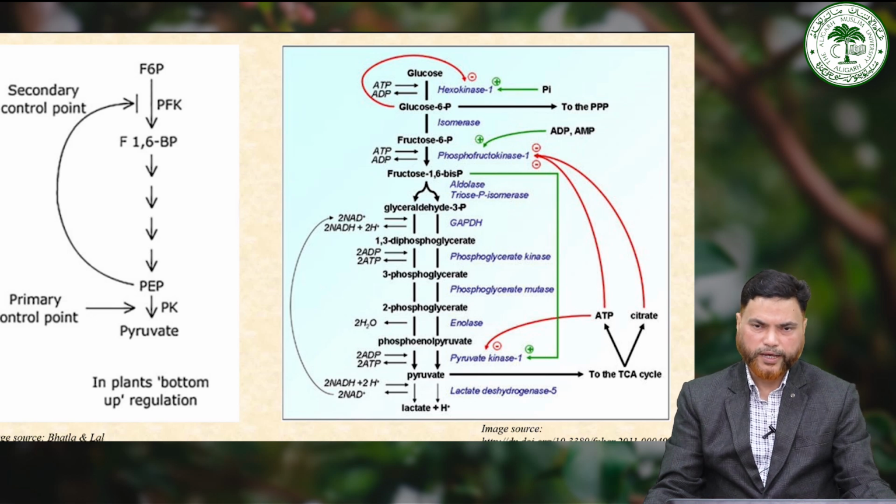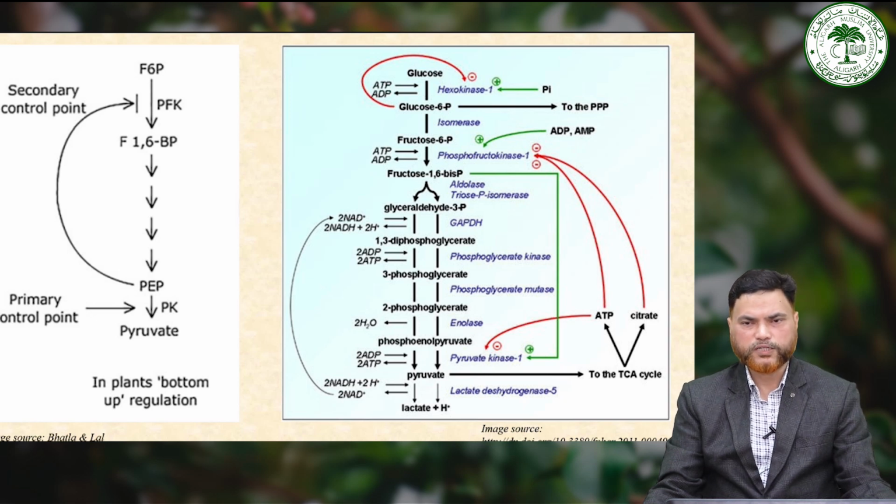Another enzyme, hexokinase, is inhibited by its product, glucose 6-phosphate. This is the first step of glycolysis, and this serves as a negative feedback mechanism. It helps to prevent unnecessary phosphorylation when glucose 6-phosphate levels are high.